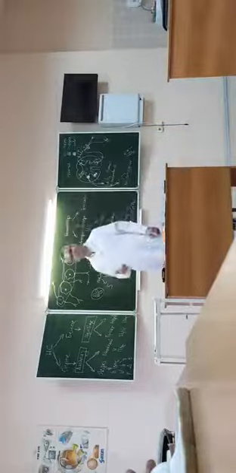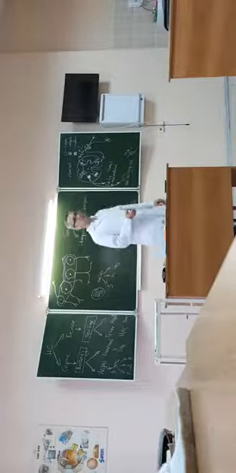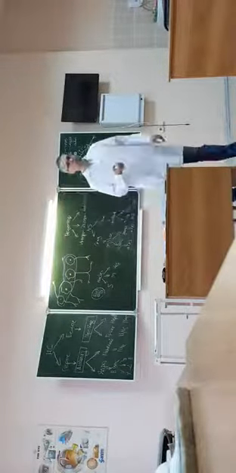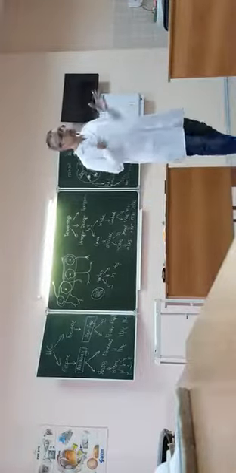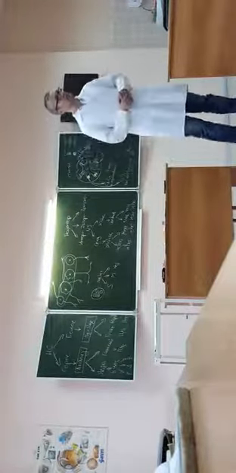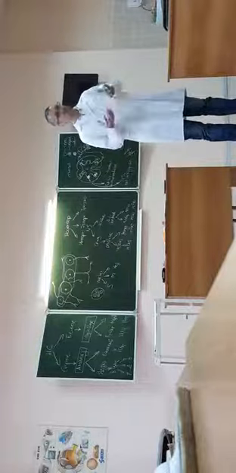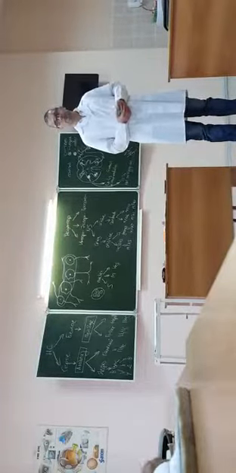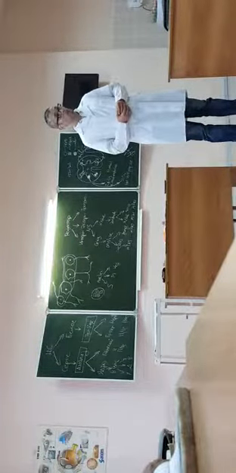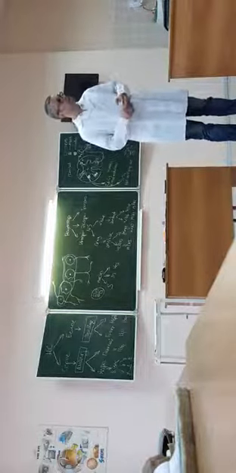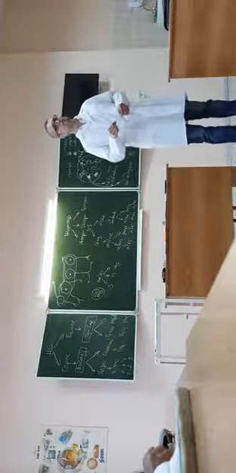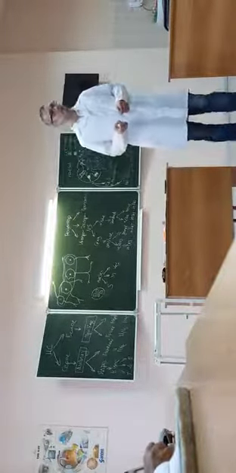And now, if you divide the nervous system into central and peripheral, you have to know the differences between them. According to which feature do we divide the nervous system into two parts, central and peripheral? On the basis of what? Localization. How is localization called in scientific language?